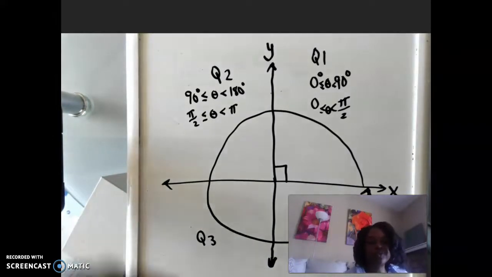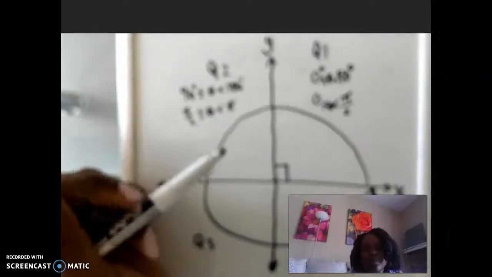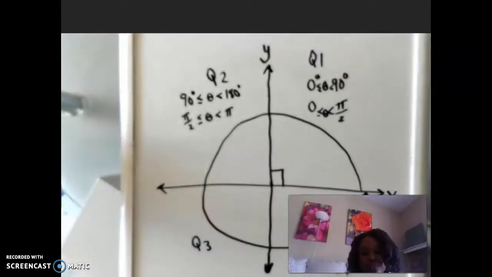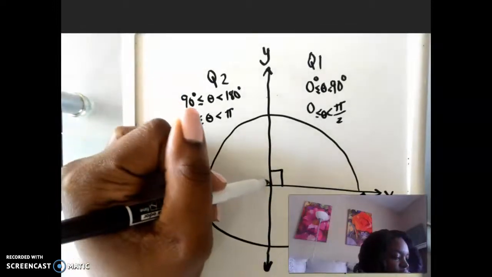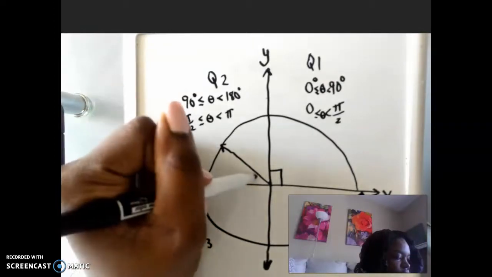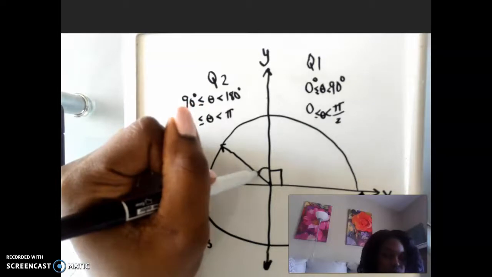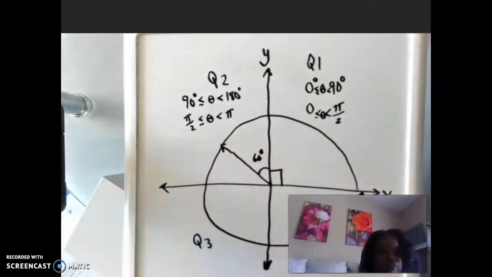So if you get an angle here and it's not between 90 and 180, that means they're giving you what we call a reference angle. That means you have to figure out that in relation to the quadrant that you're in. For example, if they give you some vector here and they tell you that the angle here is, I don't know, 60 degrees.